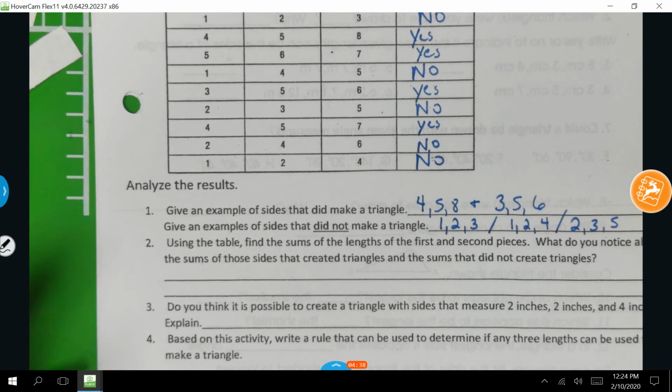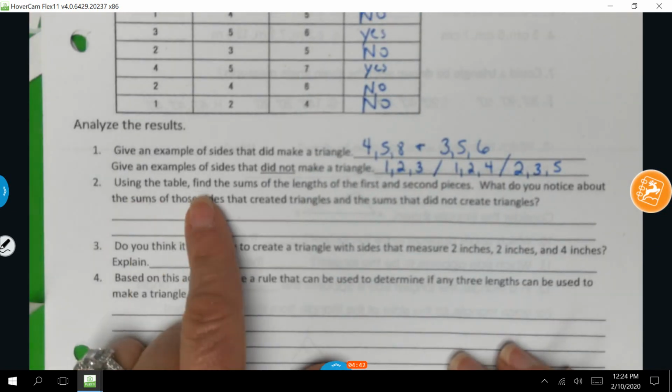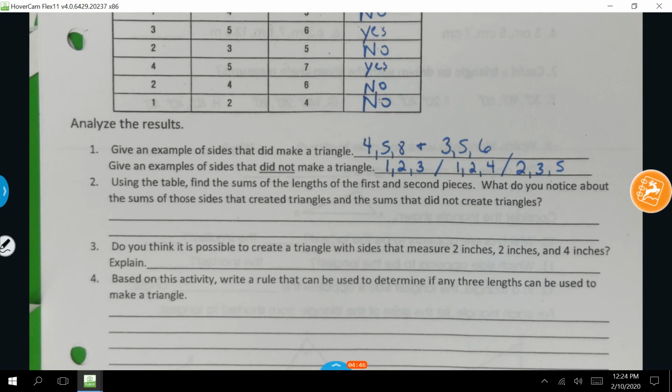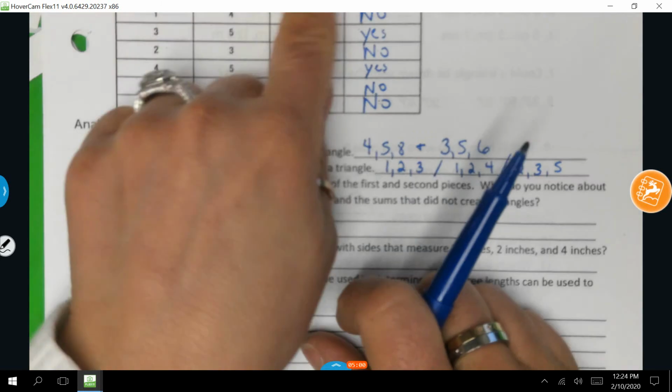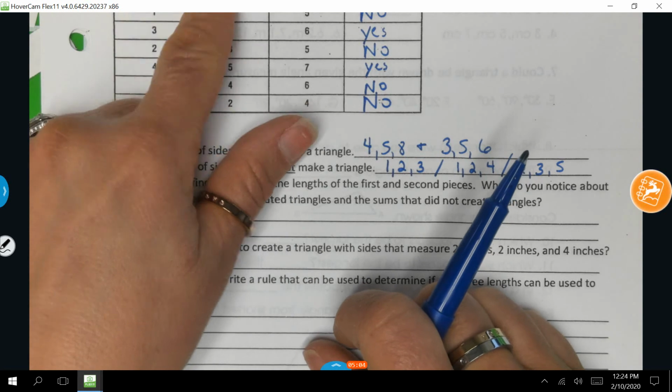So what I want you to do is, it says using the table, find the sums of the lengths of the first and second pieces. Really, I want you to look at the two shortest pieces, not just the first two. The way they have the table listed, the first two are always the shortest two pieces. The longest piece is listed last. So don't think of it as the first two numbers.